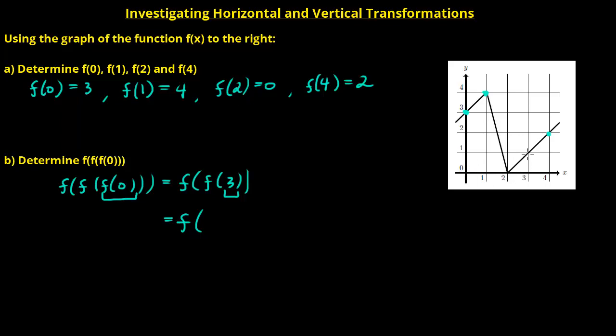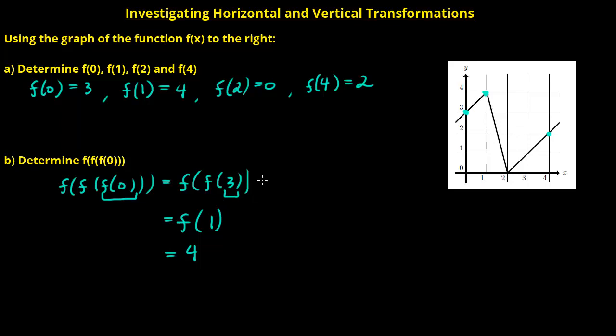F of 3 is equal to 1. So this is f of 1, and f of 1 is just equal to 4. So you can see that you can use the graph of a function to evaluate the function at specific x values.